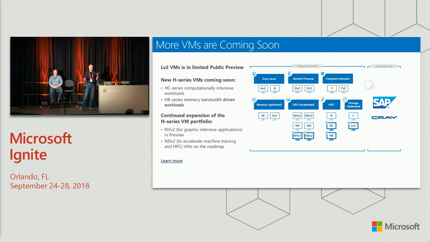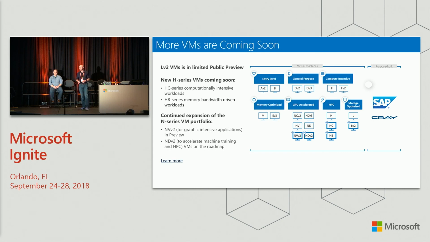And then coming soon, so like I mentioned before, there are a lot of new sizes on our roadmap. We've got a lot of really cool things that are going to happen in the next 6, 12, 18 months that we're planning for, and we're able to talk about some of them today. They've been talked about in greater depth in a couple other areas, but we'll cover a few here really quickly. So one is the LV2 series VM family. This is the next version of our L series, and we'll talk about that in a second.